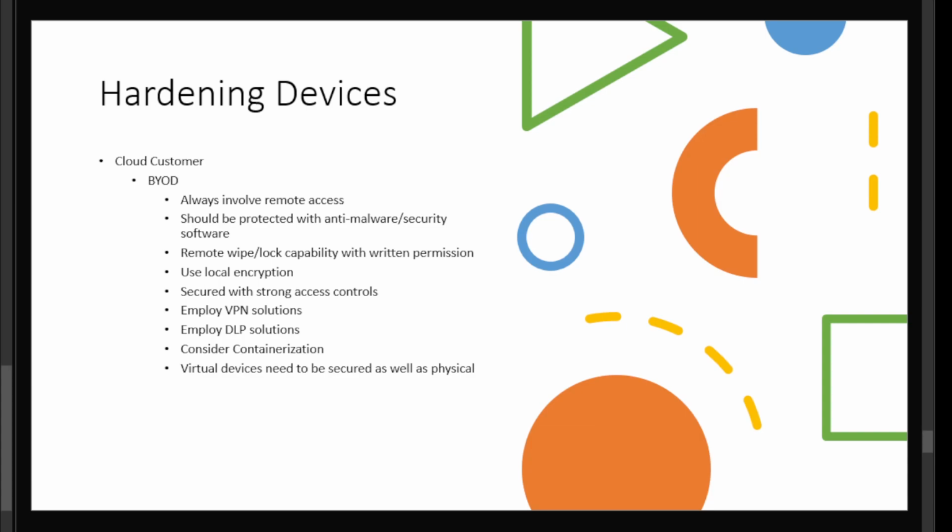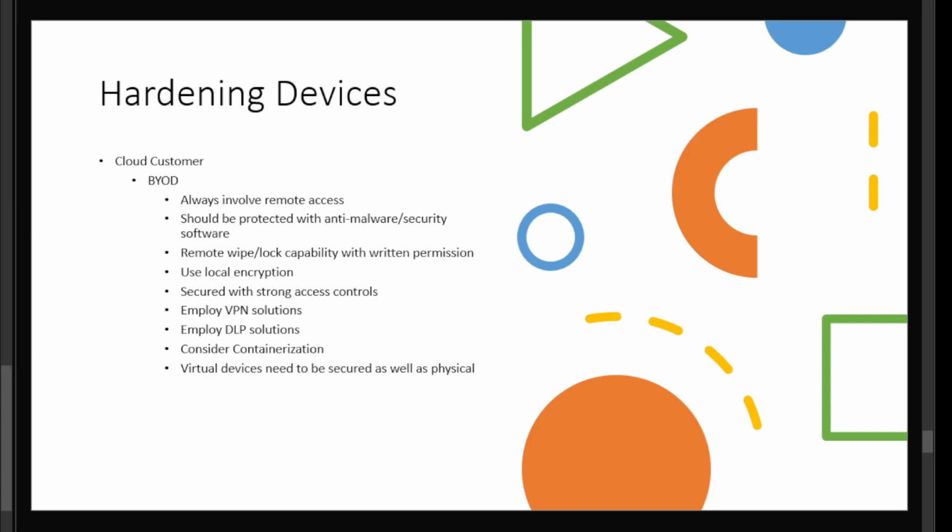So as such, they are also internet facing, and you also have bring your own devices, BYOD. So these are the employees' devices. So they may not have the controls on them that your network does. So ensure that they're protected with anti-malware security software.